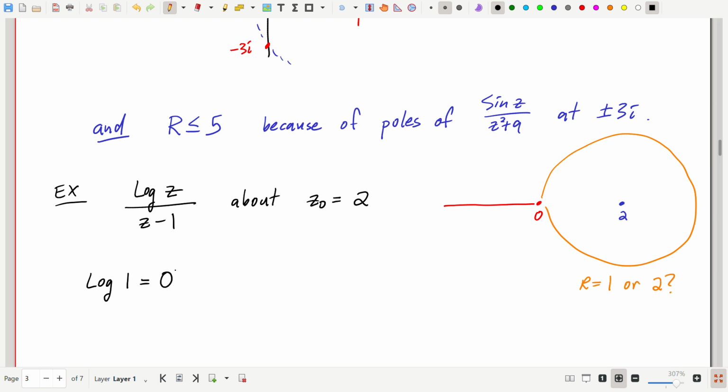Principal branch of log of 1 is 0, and let's see, what would that be? That would be the natural log of 1 plus i times angle 0, equals 0. And it's a simple 0.